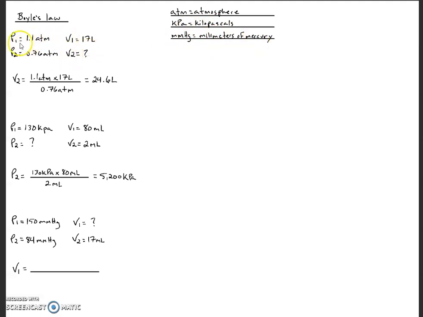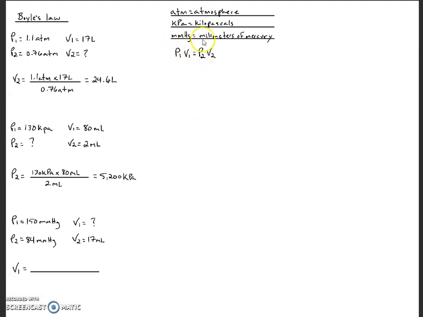So we have P1, V1, P2, V2. So if we have P1 is 1.1 atmospheres, P2 is 0.76 atmospheres, V1 is 17 liters, and V2 is what? So we take those numbers. We have, in the history of ratios, the formula. But here we have P1 V1 equals P2 V2.